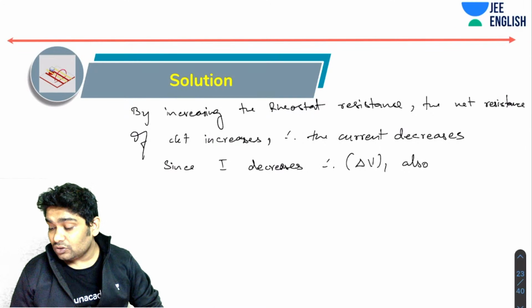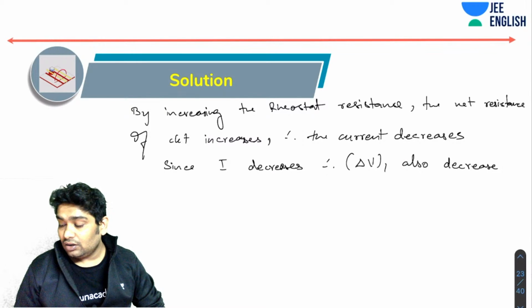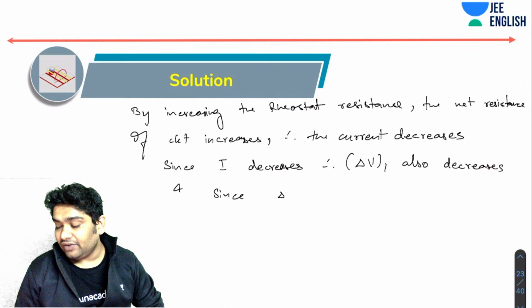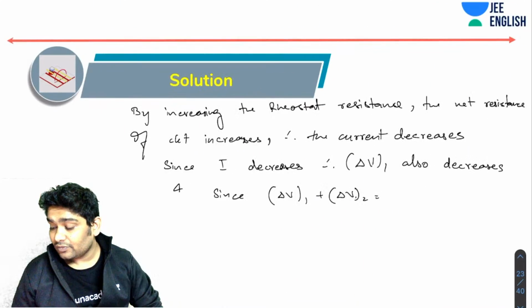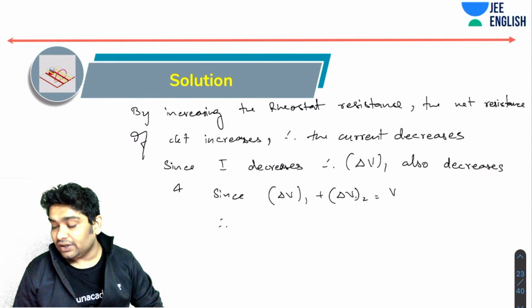And since delta V1 plus delta V2 is constant, equal to the V of the battery, therefore delta V2 increases. Thus option C is correct.